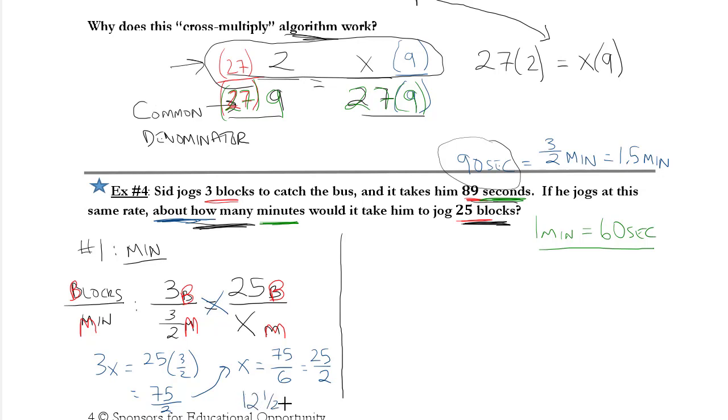So this is one way that we can answer this question. It would take him about 12.5 minutes to jog 25 blocks.